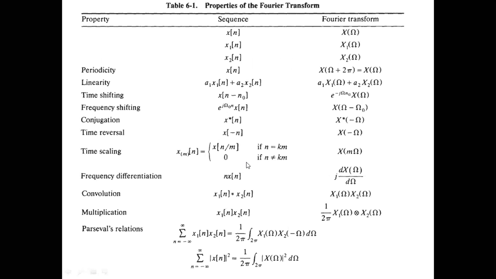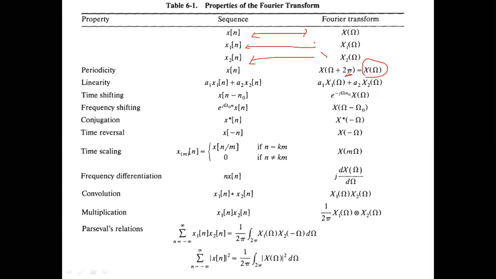First we'll assume that x of n has DTFT x of omega, x1 of n has DTFT x1 of omega, and x2 of n has DTFT x2 of omega, assuming that the DTFT exists. The first property is periodicity: x of omega is periodic with period 2 pi.